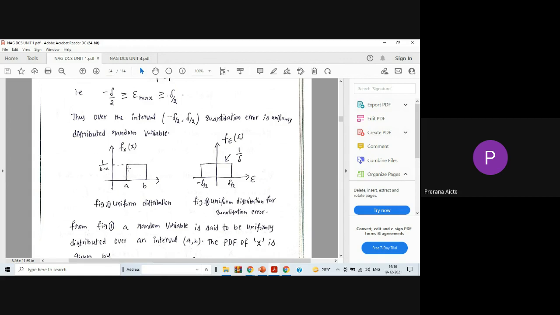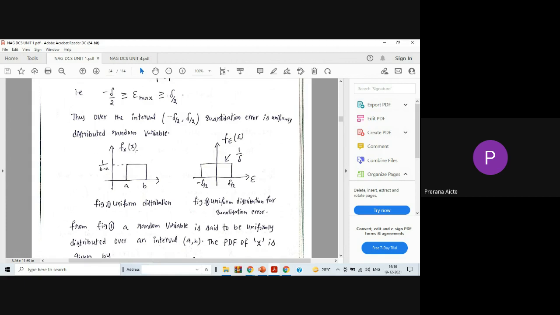So let's assume x is a random variable which is uniformly distributed over the interval a to b. Then how do you obtain the probability density function fx of x? Simply 1 by b minus a. So I am correlating this topic with our quantization error e.